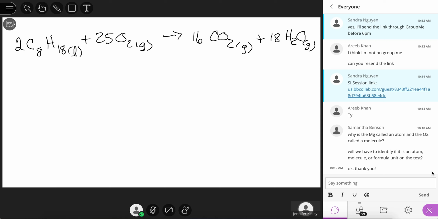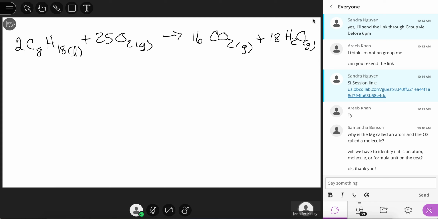So that's the first thing you want to check, is you want to check and see whether or not the equation is balanced. If you don't see any coefficients, most likely it's not balanced. But if you see a lot of coefficients, it's most likely balanced. So some equations they give you will be balanced and others won't be.